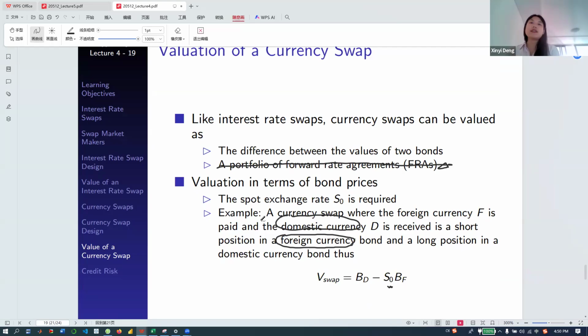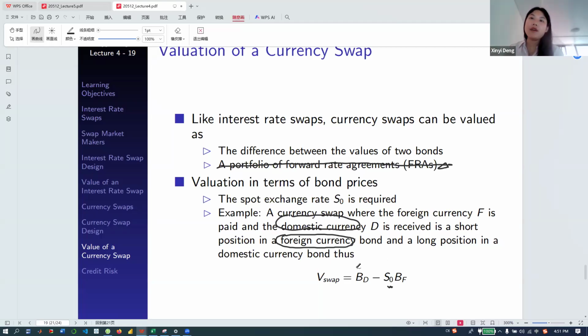So here in this example, we are dealing with a currency swap where the foreign currency is paid. So effectively, we are shorting the foreign currency bond, and the domestic currency is received. Therefore, we are longing the domestic currency bond.